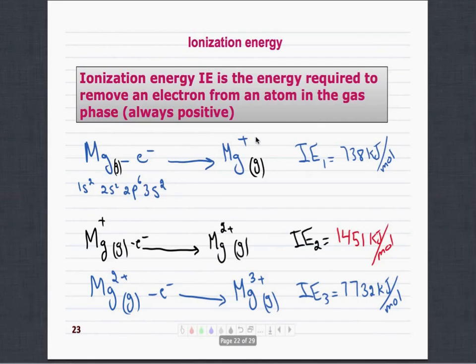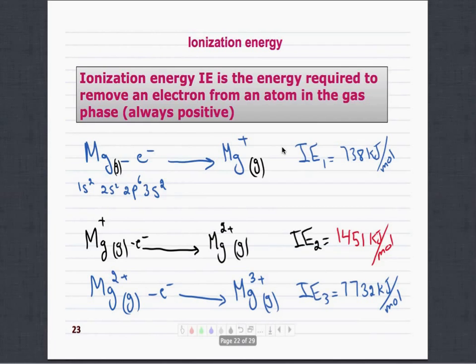Now the second ionization energy is to take the Mg plus, the first ion, in the gas phase, minus 1 electron to give Mg2 plus. So the second ionization energy is always higher than the first ionization energy. Okay? And definitely both of those are in the gas phase.